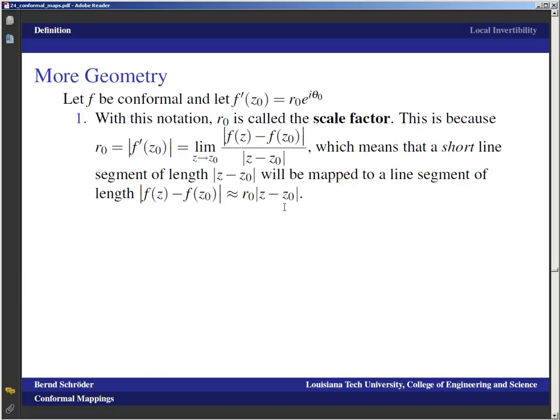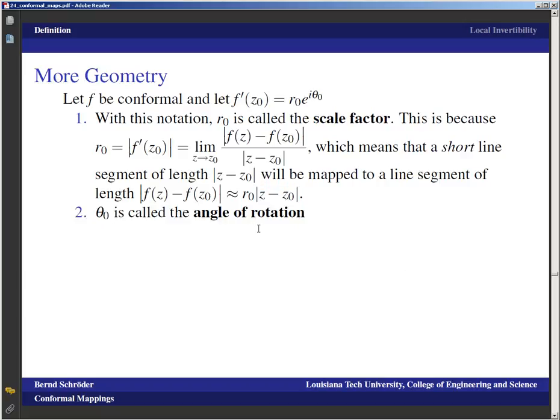It'll be bent a little bit, of course. That has length f of z minus f of z0, and that's approximately, as long as everything is small enough, equal to r0 times z minus z0, and that means that what originally had length z minus z0 is now scaled by a factor r0 in the image.